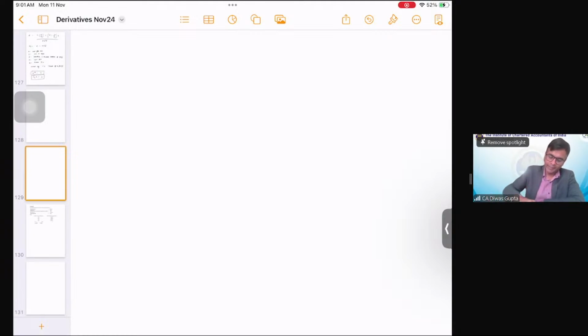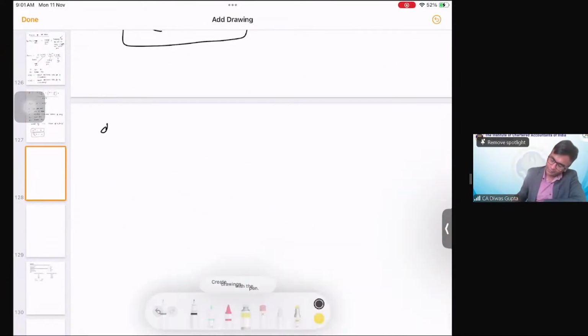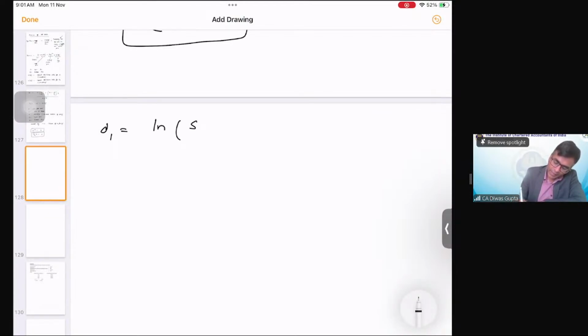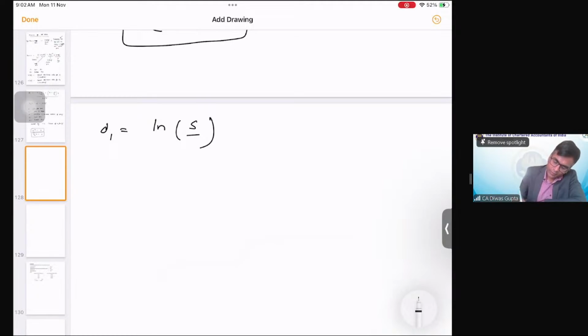Okay, one more thing before that, which is an easier one. Now, d1 is comprised of natural log of S by E, correct? So if spot price goes up, this expression will also go up, because S is in the numerator.